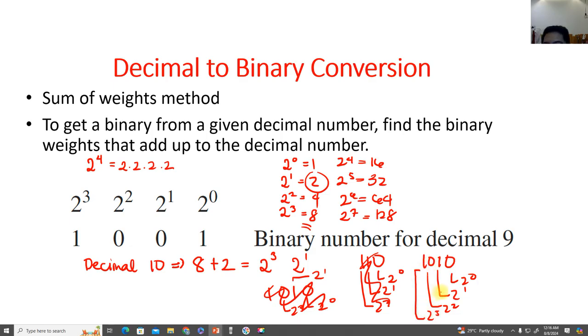Sorry, that should be 1, 0, 1, 0. So we only get the 2 raised to 1 and 2 raised to 3, which is 8 plus 2 is 10.